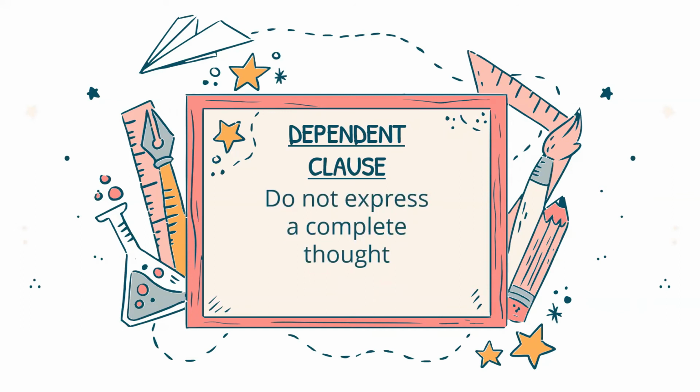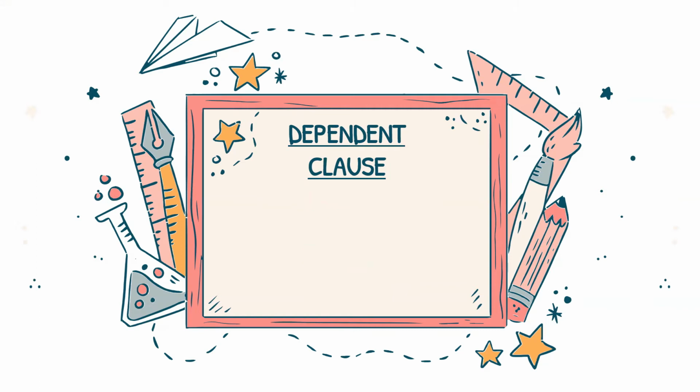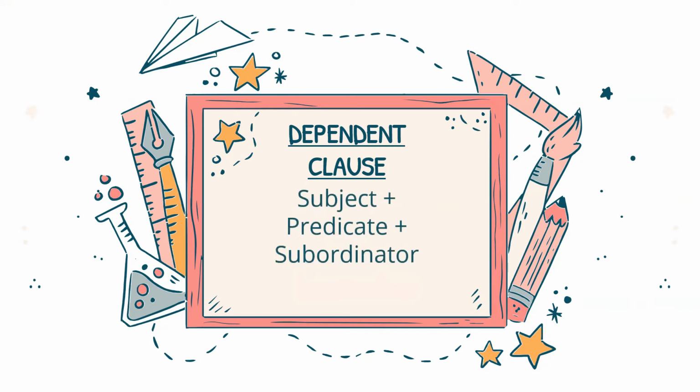What is it? It is a subject plus a predicate, plus a subordinator. So, our dependent clause always begins with a subordinator.